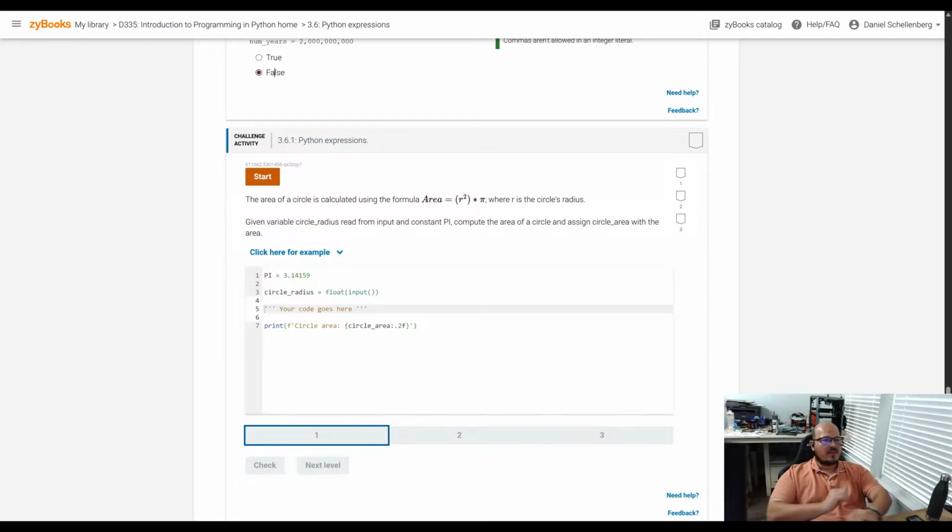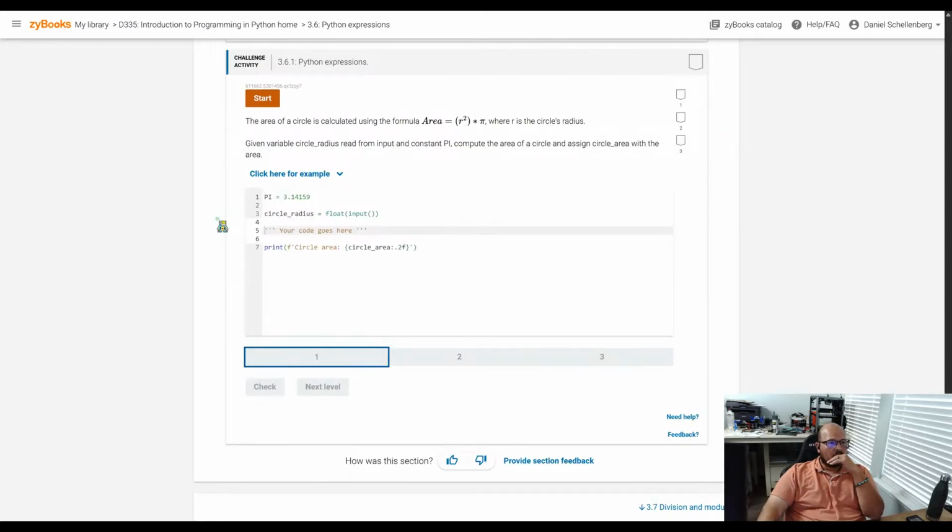The area of a circle is calculated using the formula area equals r squared times pi, where r is the circle's radius. Given variable circle radius, read from input, and constant pi, compute the area of a circle and assign circle area with the area.